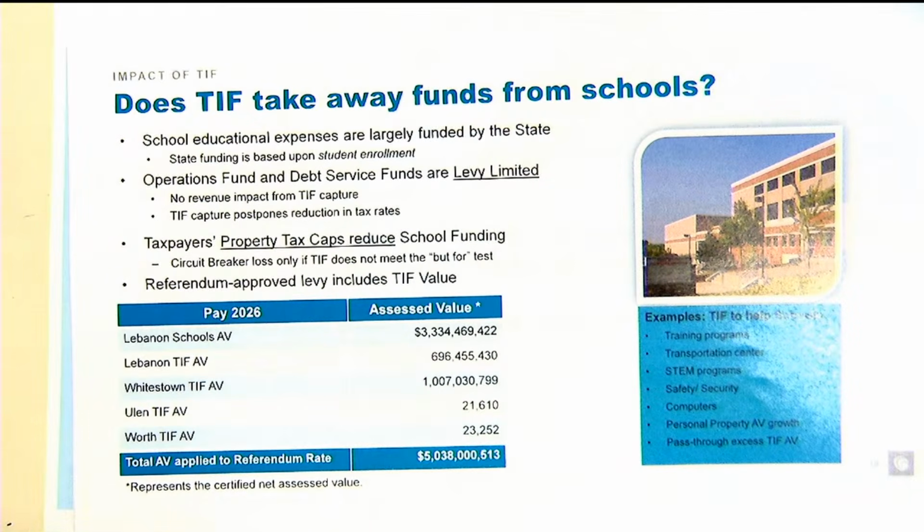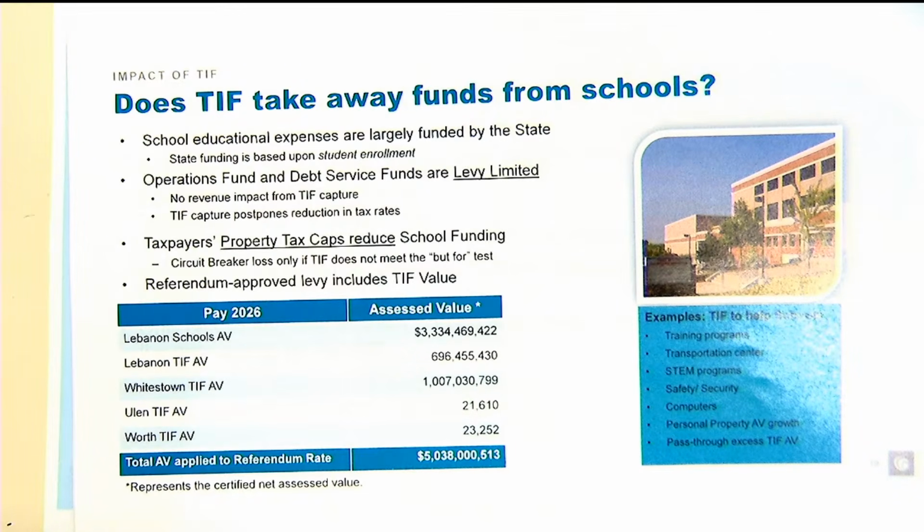Looking into the topics with schools, TIF does have a benefit to the schools. Once a TIF area is expired and that new assessed value is passed through to all the overlapping taxing units, the schools will see that assessed value applied to them. However, there's a couple things to keep in mind. Like city funds, there are multiple funds that are levy limited. Same with schools, their funds are levy limited.